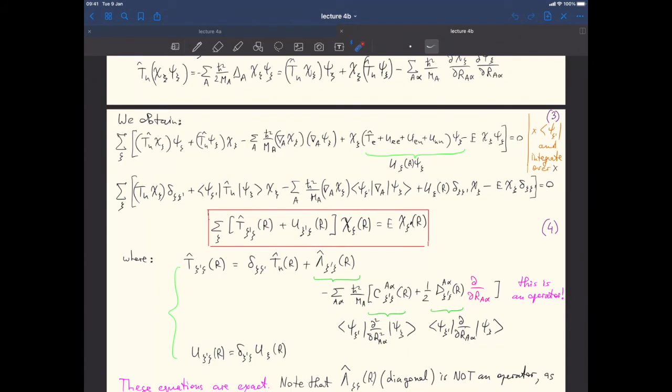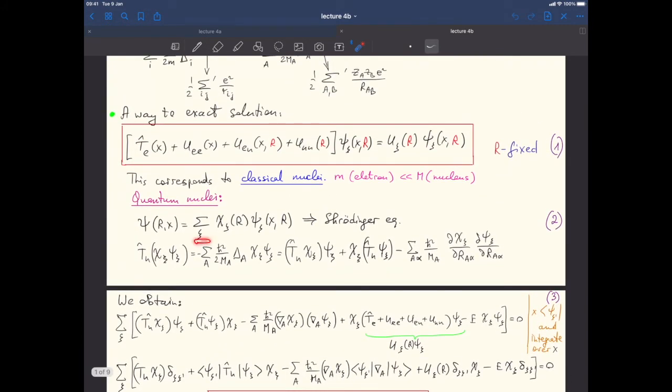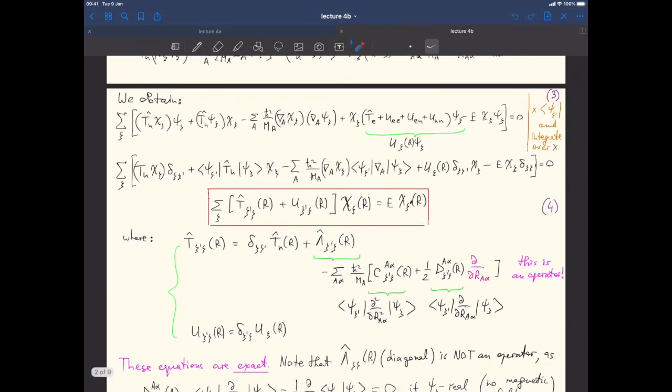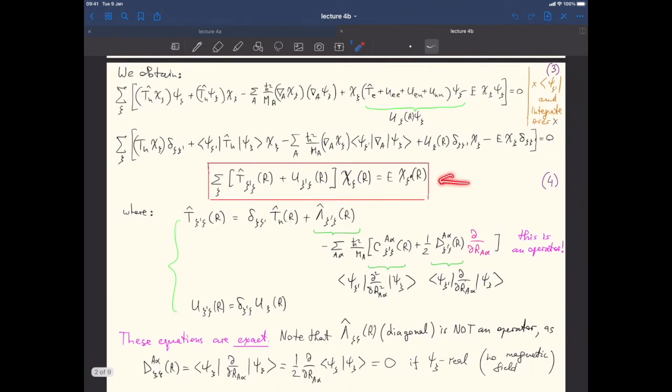And that equation can be written down in a closed form here. This is actually not one equation, but a set of equations, because this index zeta prime we can run for all terms in this expansion here in this sum. And this set of equations would determine the total energy and these functions chi zeta.